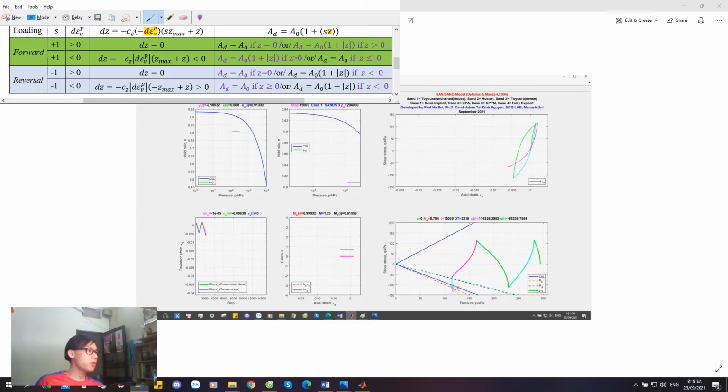Why positive? You can see this formulation, the dz and z like that. We have z max minus z, and z is equal 0, so it is minus z max, so we had a minus and a minus there, so we have a positive dz, so it makes z positive.